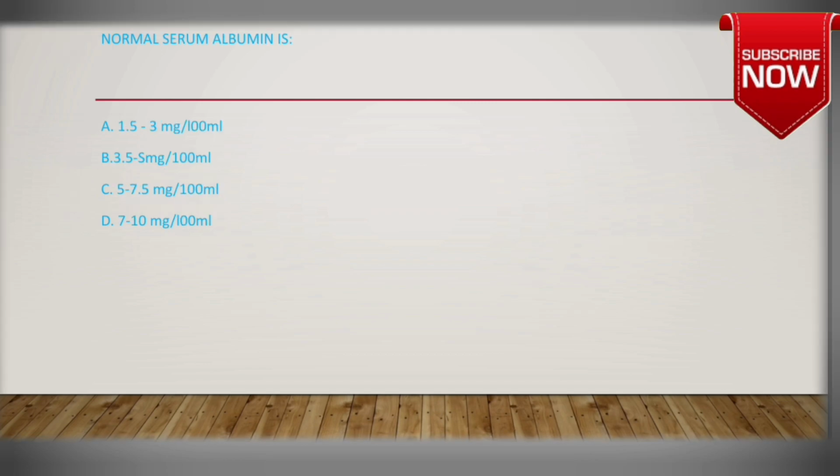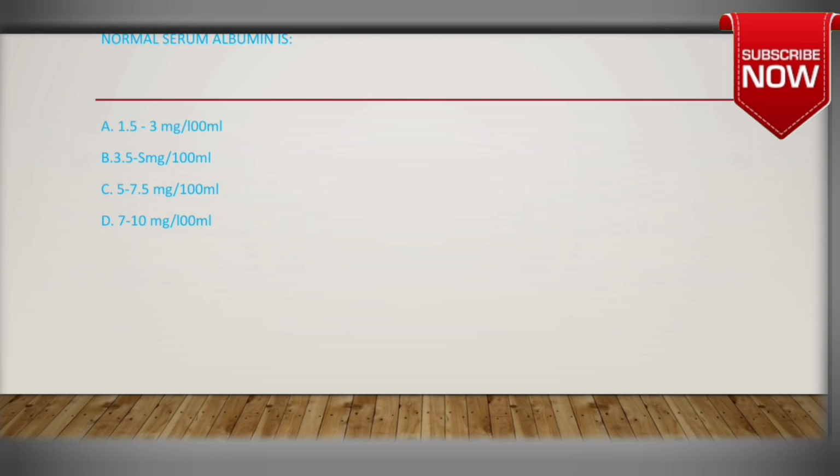Normal serum albumin is option A, 1.5 to 3 milligram, option B, 3.5 to 5 milligram per 100 ml, option C, 5 to 7.5 milligram per 100 ml, option D, 7 to 10 milligram per 100 ml. The correct answer is option B, 3.5 to 5 milligram per 100 ml.